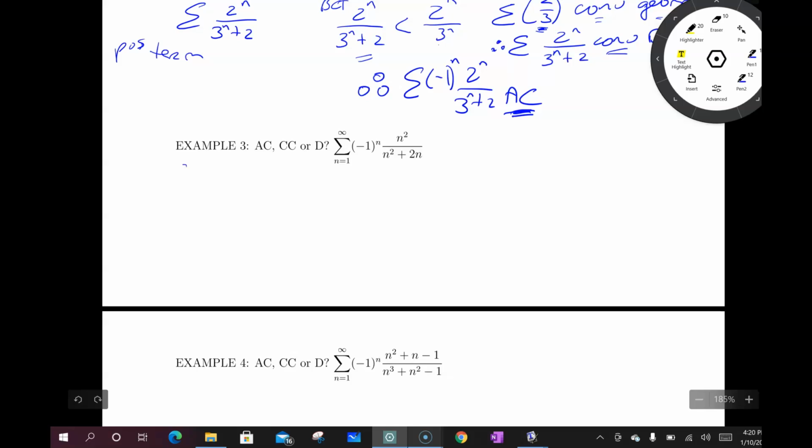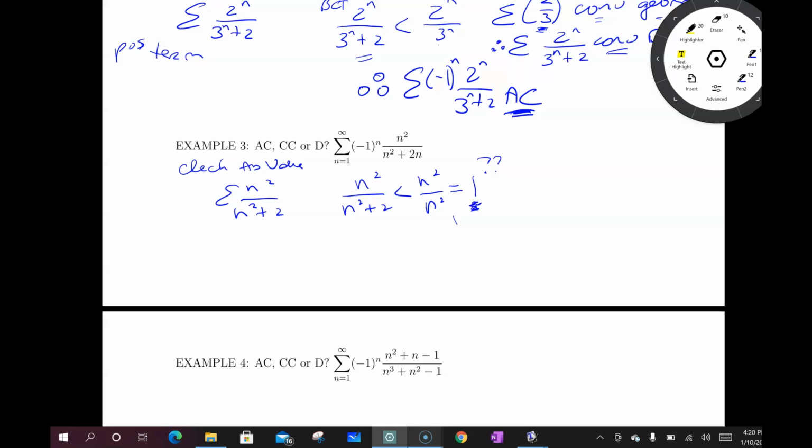This one here, if I check the absolute value, I get n squared plus 2 in the denominator. If I try pulling a number off, n squared over n squared, that's smaller. What? This adds up to 1. What is that? That just is weird. I don't have a sum of 1 usually.